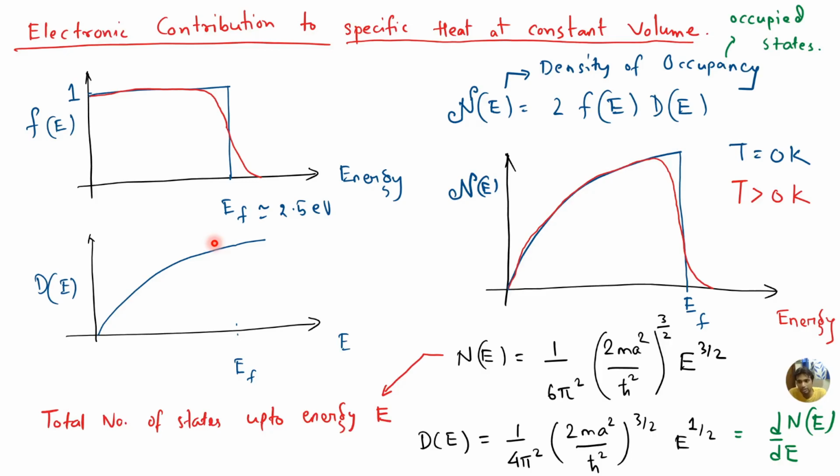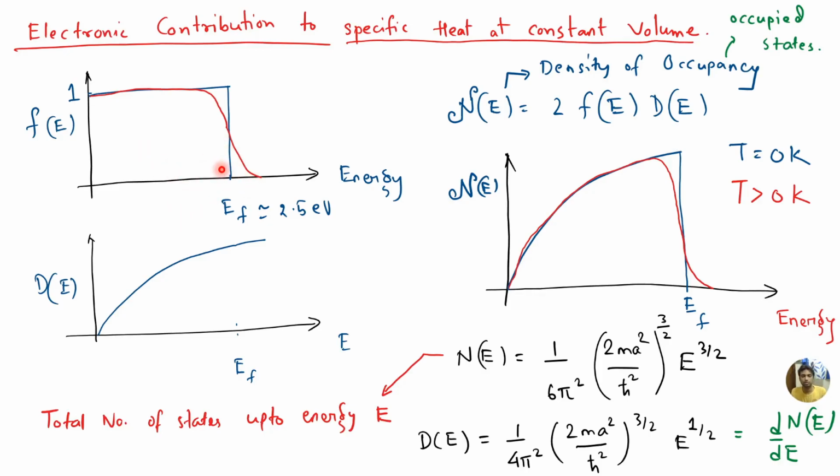We identified that electrons are quantum particles, and since electrons are quantum particles, they are identical and indistinguishable. Then we said that they also follow the Pauli exclusion principle, and this is the statistics they follow, the Fermi-Dirac statistics.